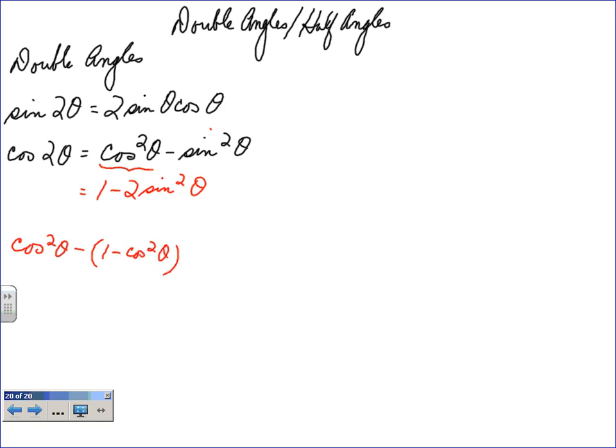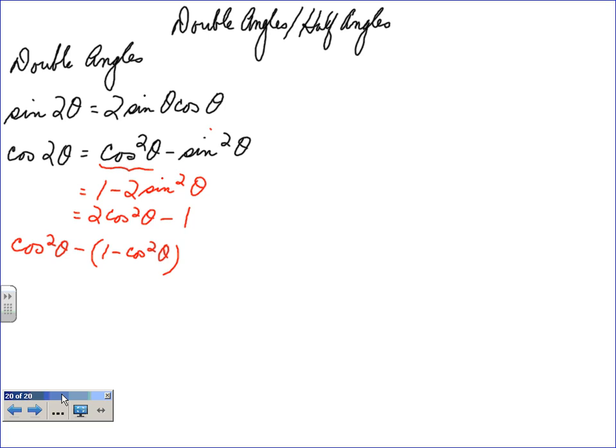Distribute that negative, and you get 2 cosine squared theta minus 1. So you really have 3 forms of cosine of a double angle. And those are the 3 forms. And I'll show you what it's used for.